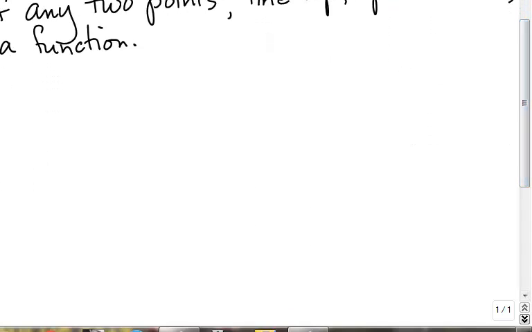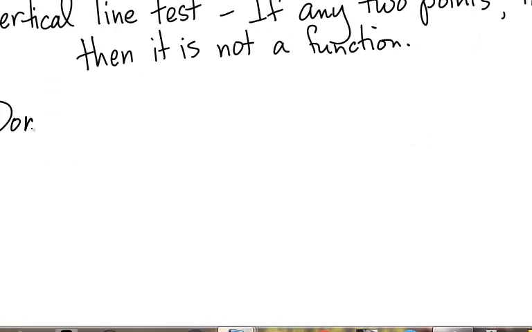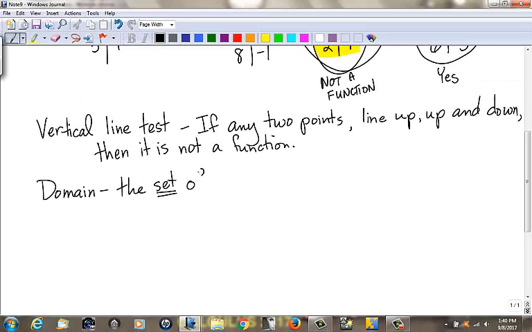Okay. Then the author also talks about two special sets, the domain and the range. The domain is the set, and as soon as you see that word, that tells you to use the braces. The domain is the set of all x values. If you write it, usually you use D for domain.